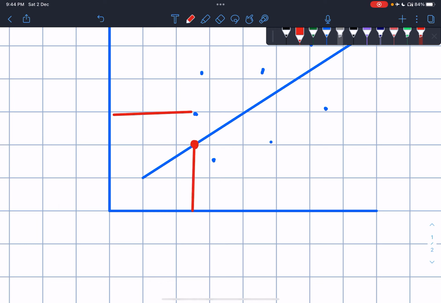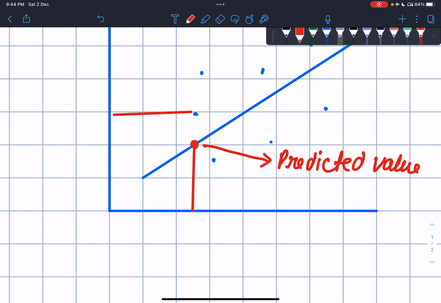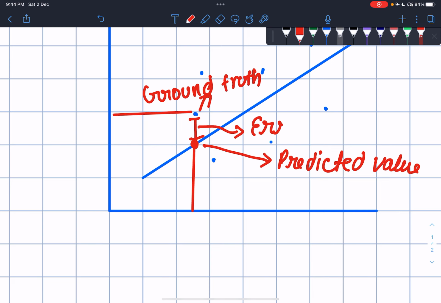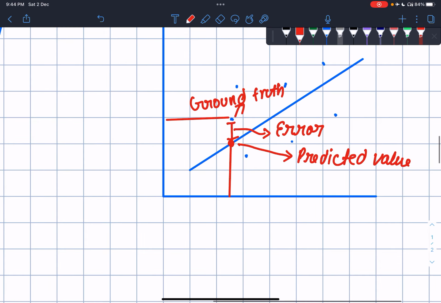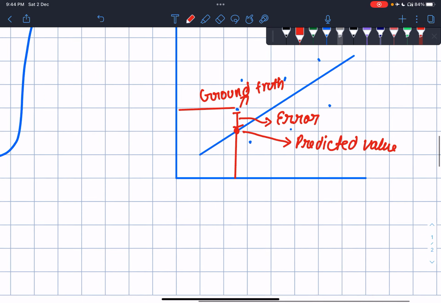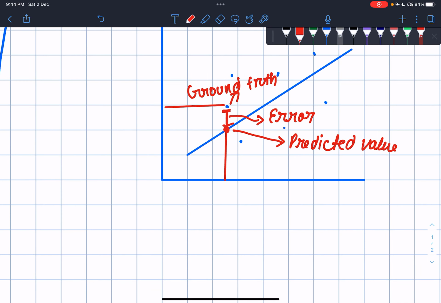This is the point for which this data point has been predicted, which is what we call the predicted value. This is the ground truth, which is the actual value. And this is the error which we got, the distance between them.